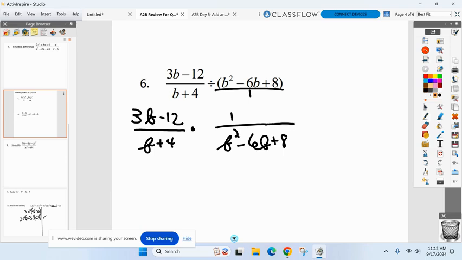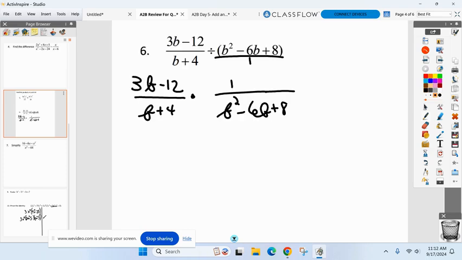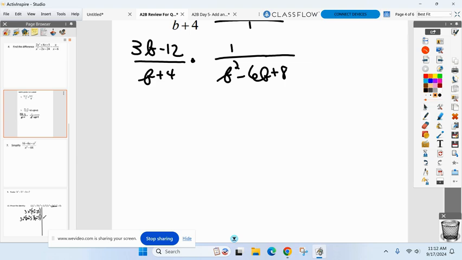Flip it. All right, now that you've done your multiply and flipping it, now let's factor. What's your factoring game look like? This should be an easy one. GCF the top. 3b minus 4. Done. Anything to the bottom left? Nope. b plus 4 times 1 over.